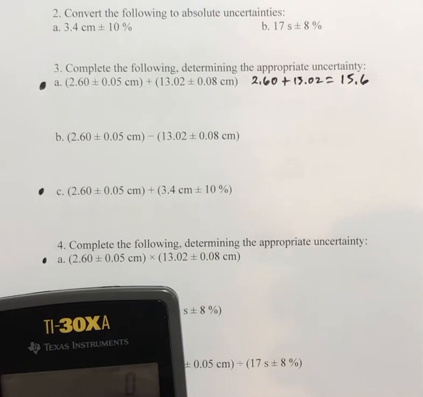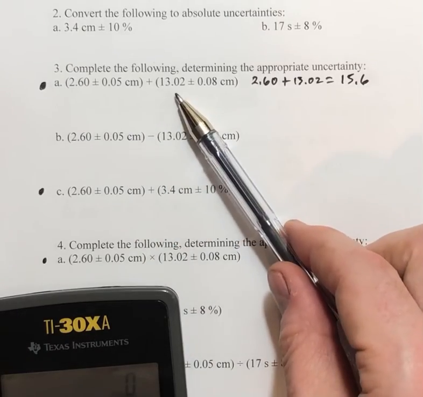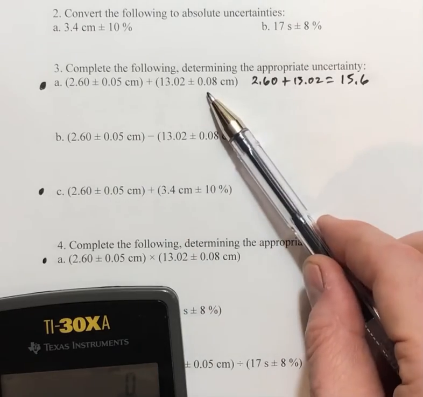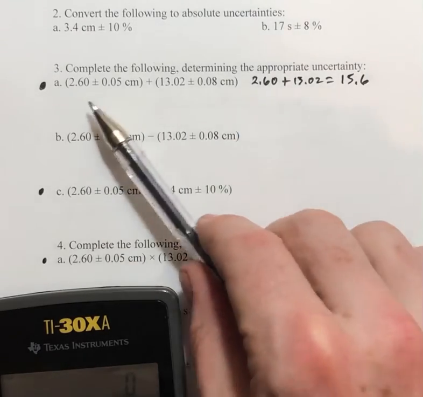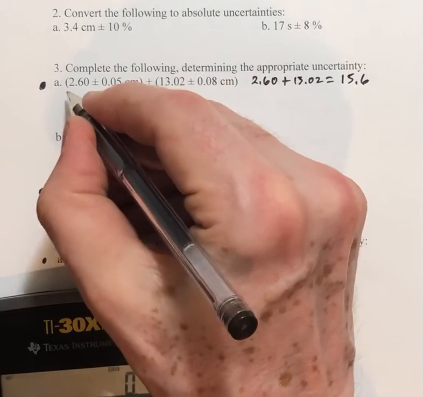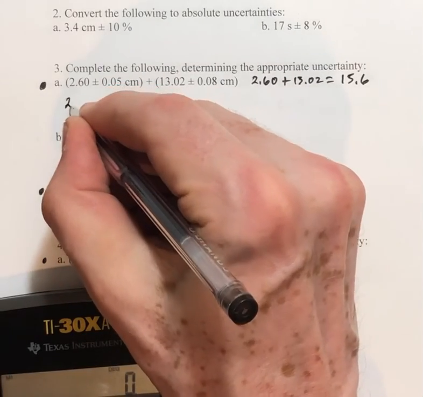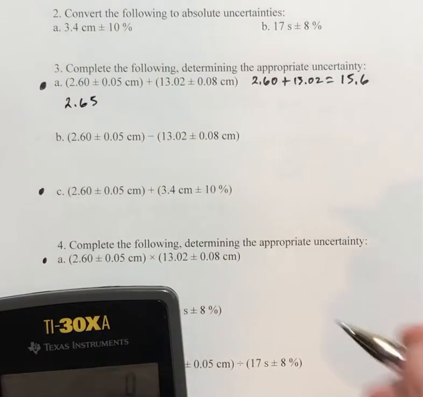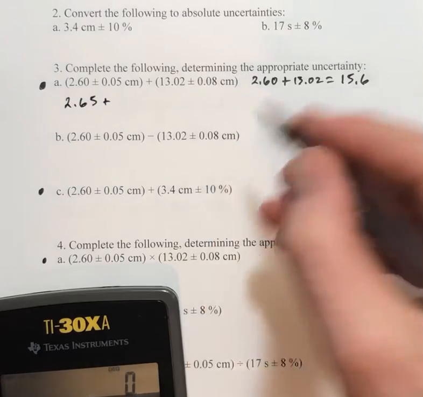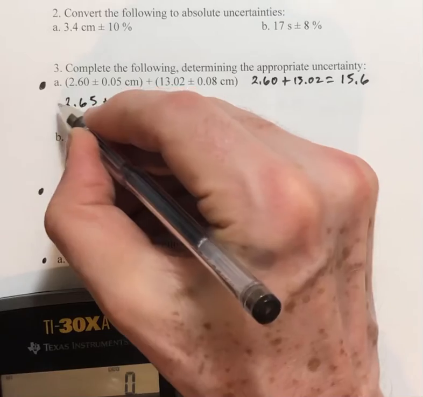So to get the uncertainty, what I want to do is I want to do this problem, 2.6 plus 13.02, but make the numbers as large as possible. In other words, add these uncertainties into it. And then I want to subtract the smallest possible numbers, and then I'm going to divide it by 2. So here's how I'll do this. I'm going to take the 2.60 plus the 0.05, so that would be 2.65. And then I'm going to add that to the 13.02 plus the 0.08, which is going to be 13.10, okay?